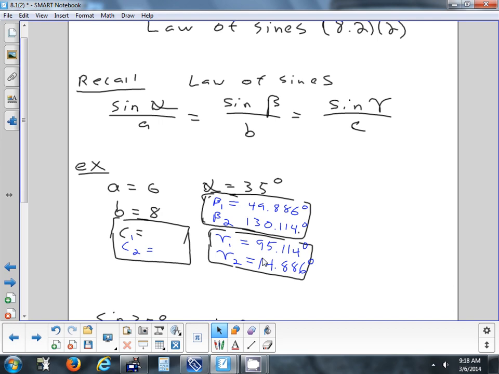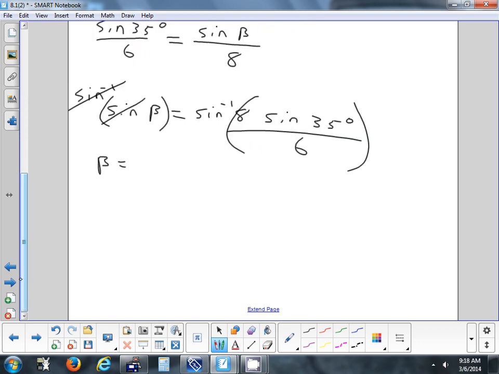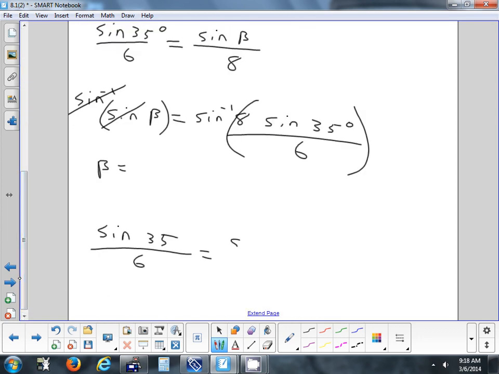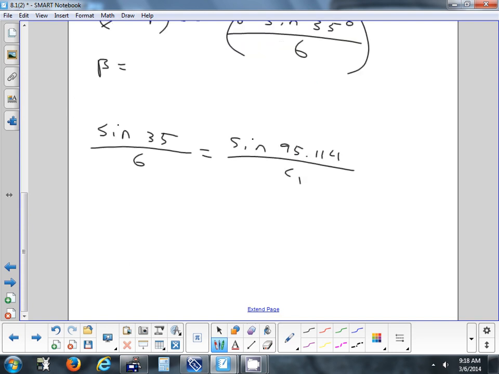Sine 35 over 6. And what angle are we going to use if you want to get C1? Right, gamma 1, 95.114. So sine 95.114 over C1. Okay, so what will C1 equal?